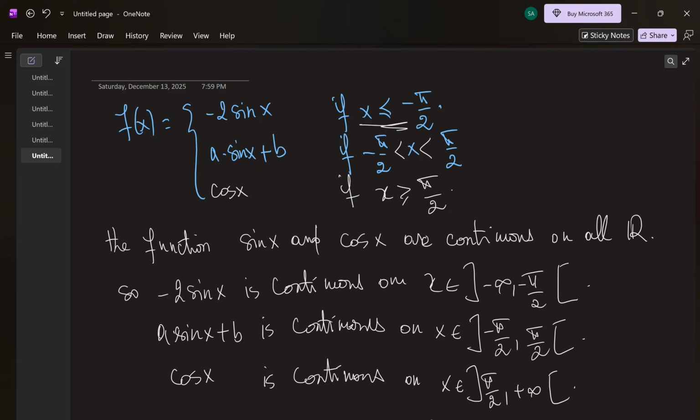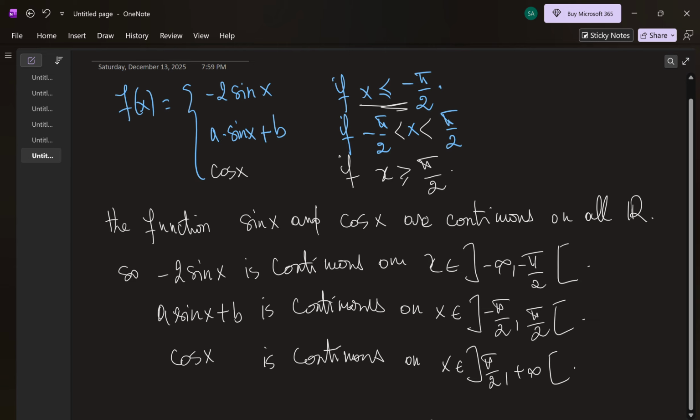What remains is to study the continuity on those 2 points, minus p over 2 and p over 2.